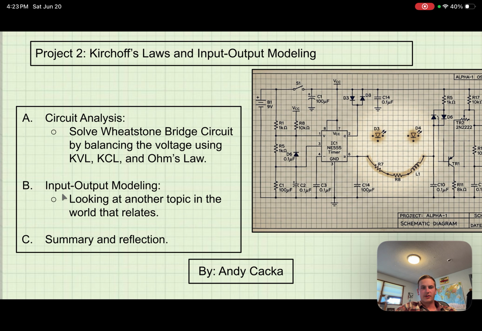Then we're going to look in section B at input and output modeling. We're going to look at a different topic in the world and see how it relates back to the electricity example in the project. And then part C, summary and reflection, both on my topic I picked plus this here.